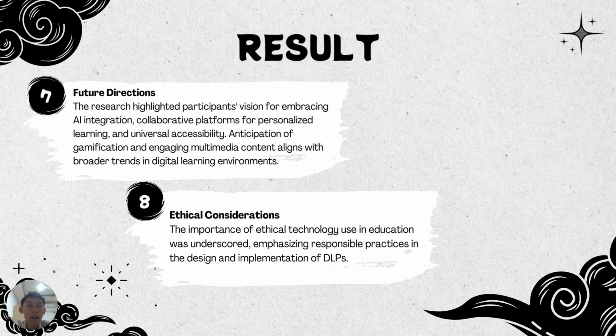And about ethical consideration, students say the importance of ethical technology in education was underscored, emphasizing responsible practice in the design and implementation of DLP. It means that we need to make sure that our digital learning product really can help teachers make sure that students easily understand what the learning objective is.